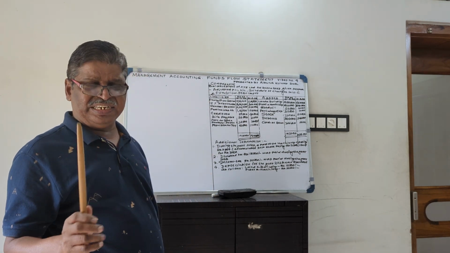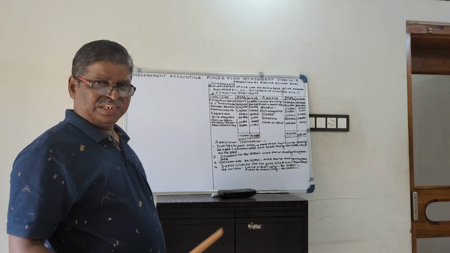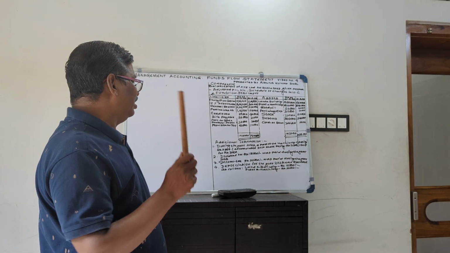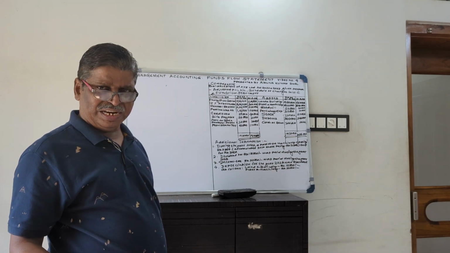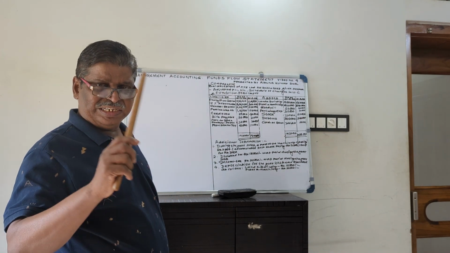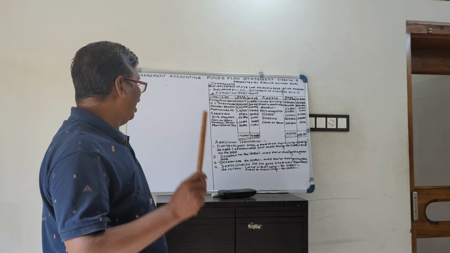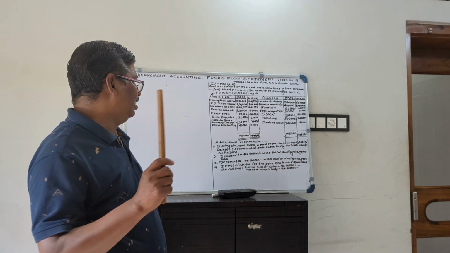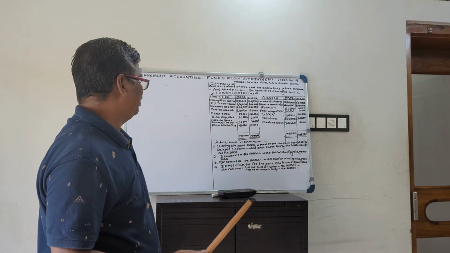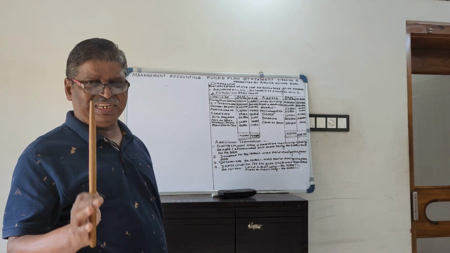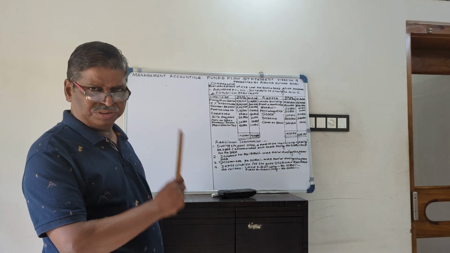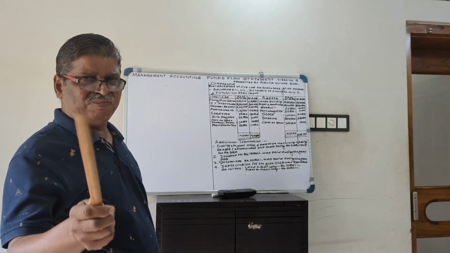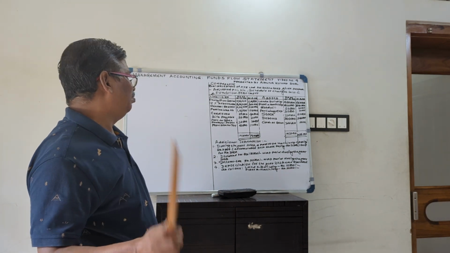When there is an increase in current assets or a decrease in current liabilities, it leads to an increase in working capital, and vice versa. When there is a decrease in current assets and an increase in current liabilities, it leads to a decrease in working capital. So a decrease in working capital is a source and an increase in working capital is a use or application.